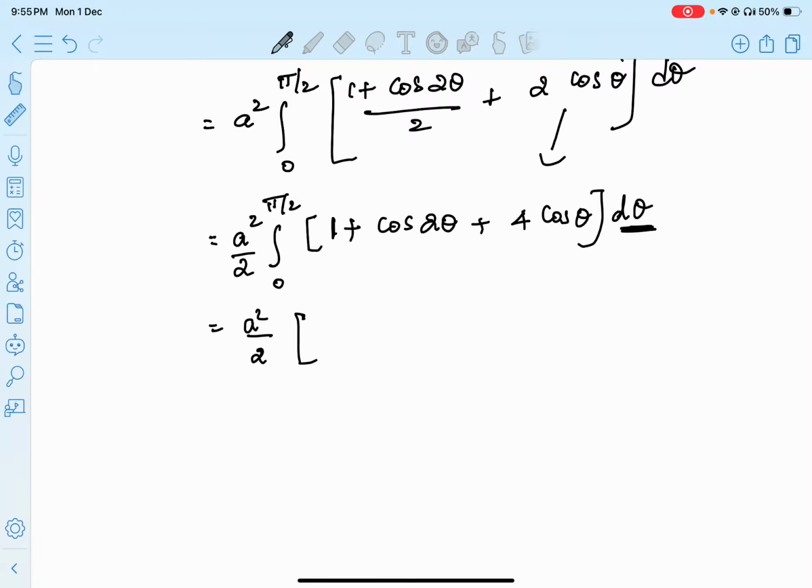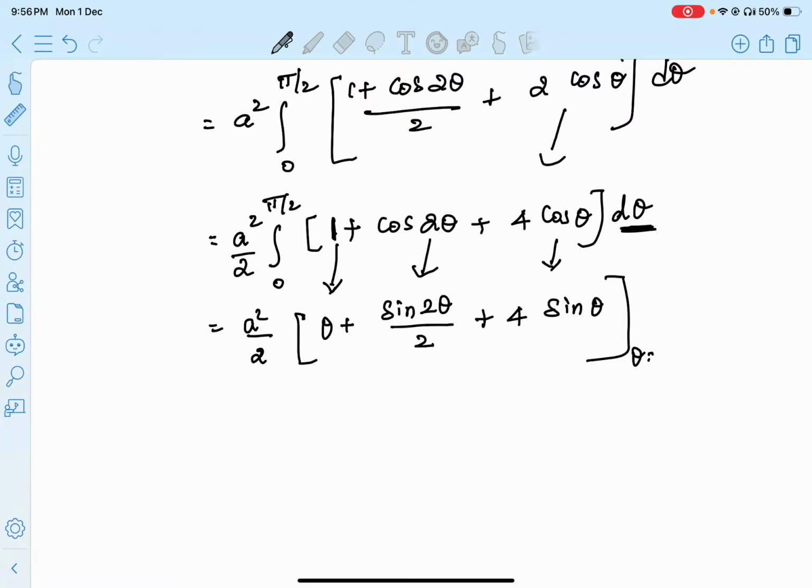So what is the first one? We have 1. If we integrate 1, it will become theta. Plus, if I integrate cos 2 theta, it will become sin 2 theta by 2. Plus 4 cos theta, integrated, will become 4 sin theta. Here theta goes from 0 to pi by 2.